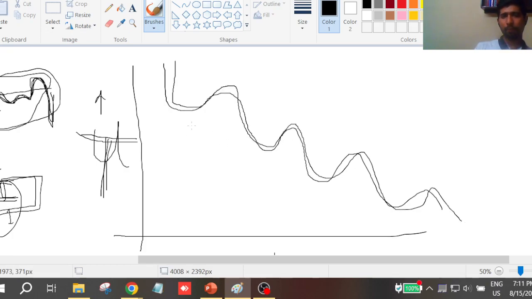Now if I take n plus 1 and n minus 1, and I interpolate with n, I might land up somewhere here, a direct interpolation, whereas if I take from n minus 1, I will come like this.